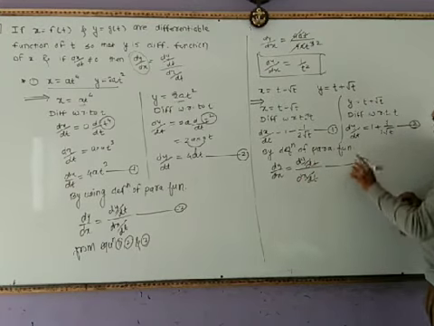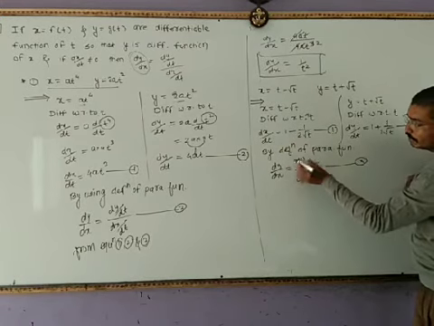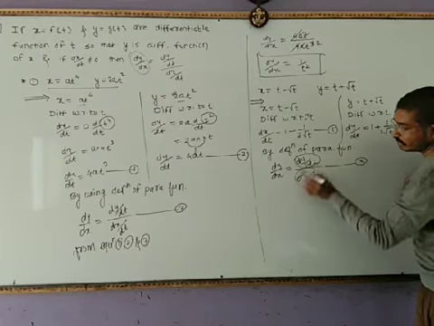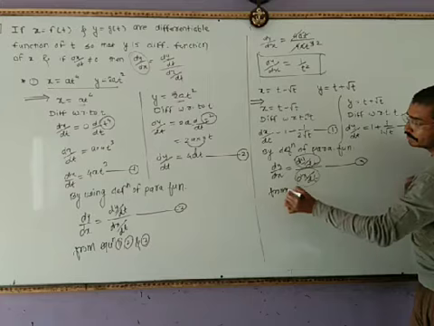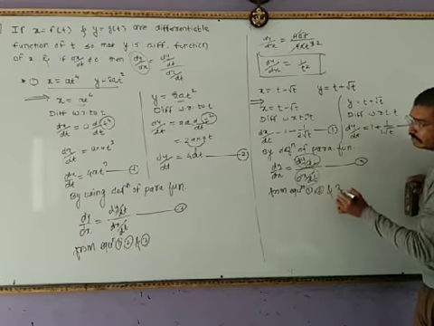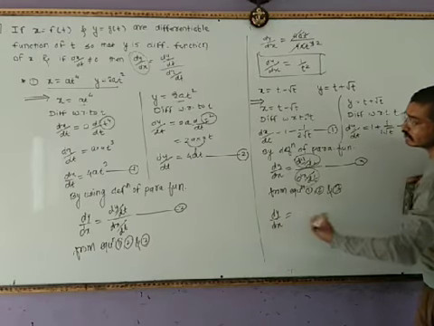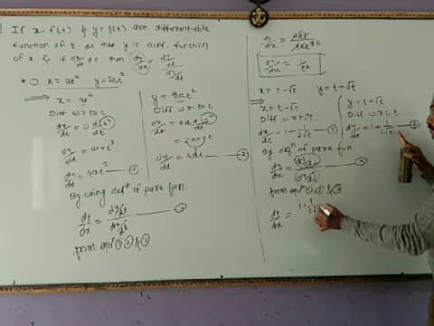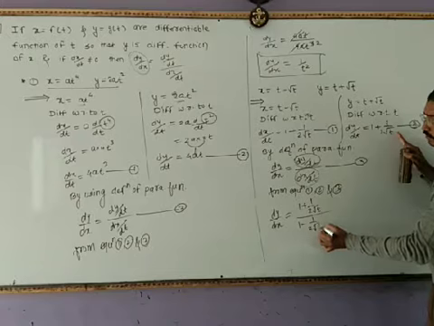This is equation 3. From equation 1, 2 and 3, replace the values of dy by dt and dx by dt, so we will get dy by dx is 1 plus 1 upon 2 times root t upon 1 minus 1 upon 2 times root t.